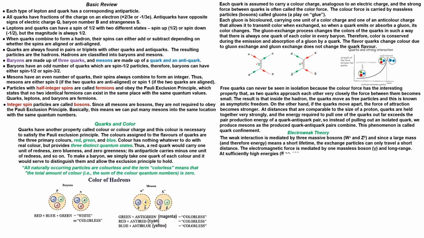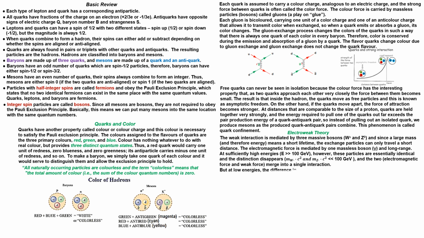At sufficiently high energies, however, these particles are essentially identical and the distinction disappears, and the electromagnetic force and weak force merge into a single interaction. But at low energies, the difference in mass between the photons and the weak bosons must be taken into account, and this makes the separation of the electromagnetic interaction and the weak interaction.